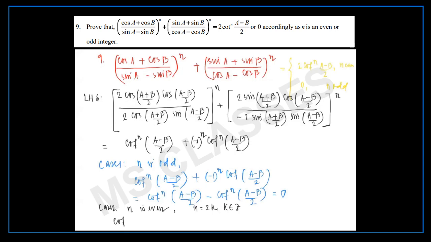Cot to the power of n of A minus B by 2 plus minus 1 to the power of 2k, cot A minus B by 2. Now when it is minus 1 to the power of 2k, minus 1 squared is 1, and 1 to the power of k is 1 only. So ultimately it is 2 times cot to the power of n of A minus B by 2. Hence proved.